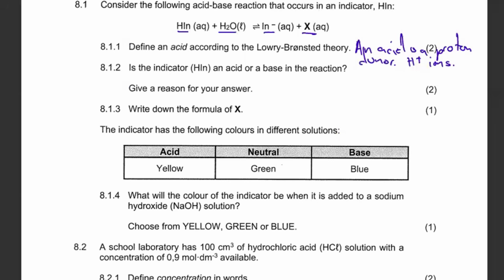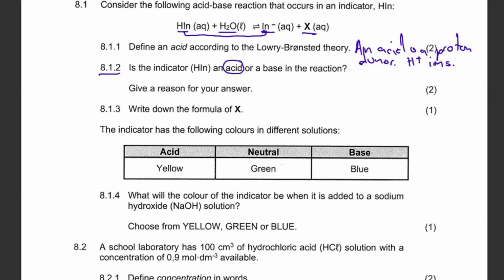If you were asked, a base is a proton acceptor. 8.1.2 reads, is the indicator an acid or a base in the reaction? If you look at this versus this and that, you'll discover that in HI, the indicator is an acid.